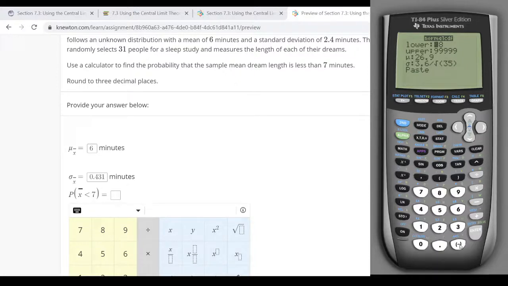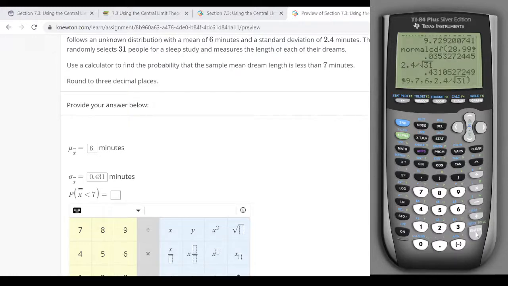So I'm going to put in some big negative number, negative 99999, something big and negative that's clearly way far left of the mean, many, many standard deviations below the mean. Then the upper value would be 7. We're going up to 7, less than 7. The mean, we already said, was 6 minutes, and the standard deviation is 2.4 divided by the square root of 31.